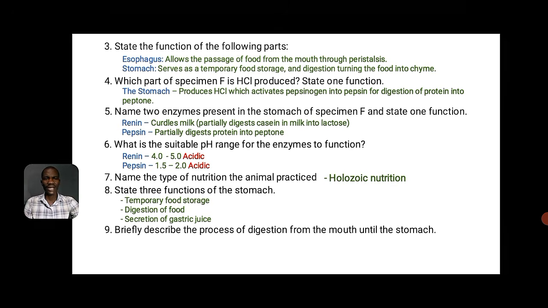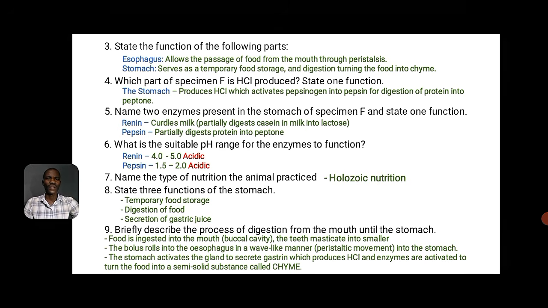Number 9, describe the process of digestion from the mouth until the stomach. Number 1 is that food is ingested into the mouth, which is the buccal cavity. The teeth will masticate it, that is, chew it into smaller particles.